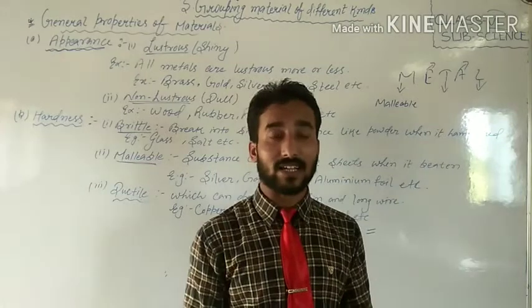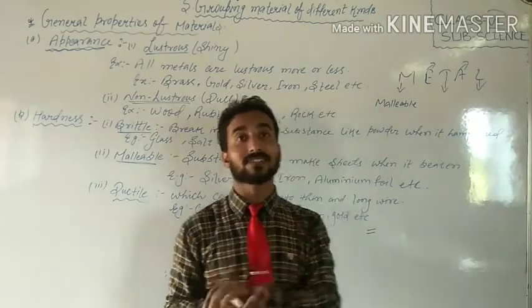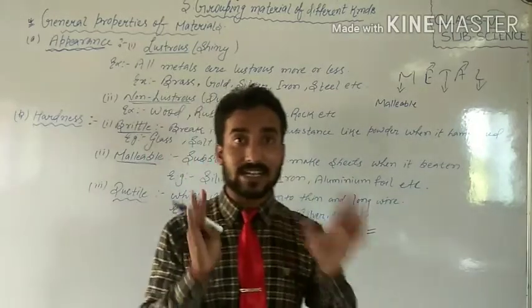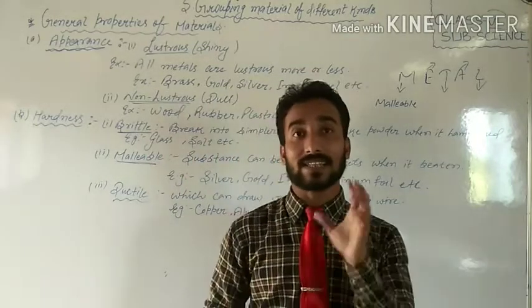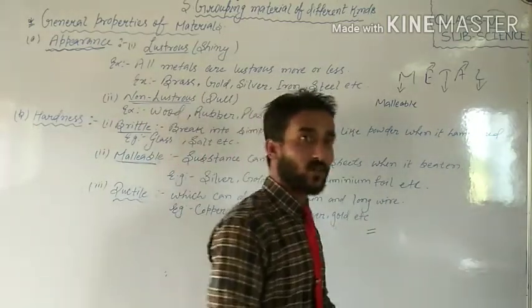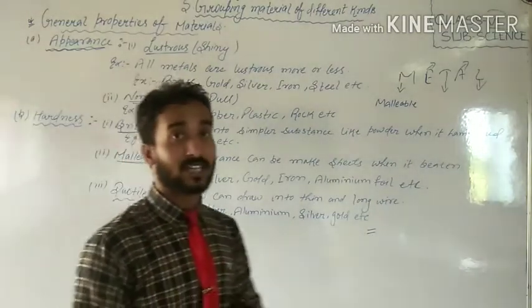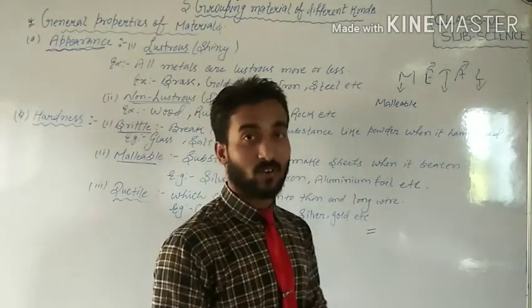Why is it possible to see your face in them? Because their surface is very smooth and looks shiny. That's why the image is reflected to you and you are able to see it. So, students, all metals are lustrous, more or less.